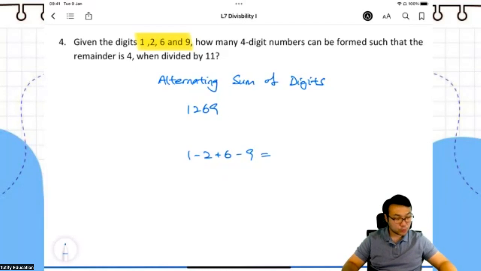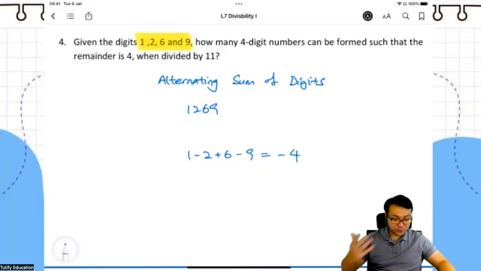What is 1 minus 2? Negative 1. Okay, negative 1 plus 6 is 5. 5 minus 9 is negative 4. Okay, negative 4.